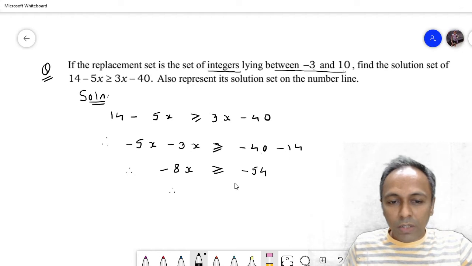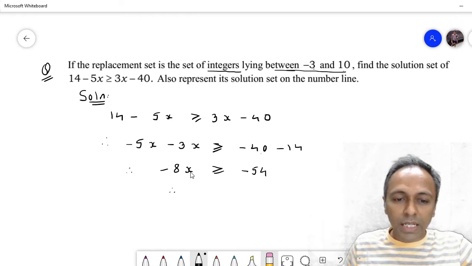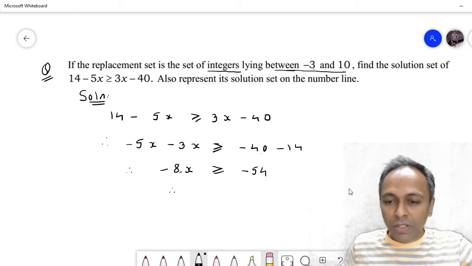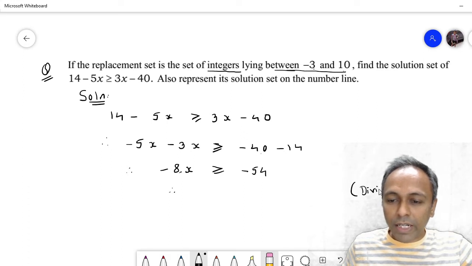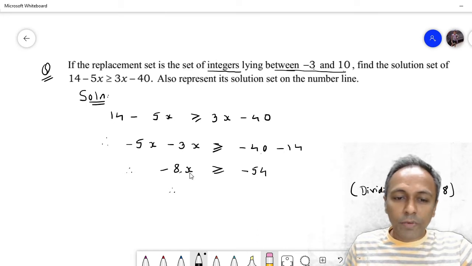Now here you are seeing that to get x you will have to divide by minus 8. So we will write here the reason: dividing by minus 8. Whenever you divide with a negative value, the sign of inequality changes.